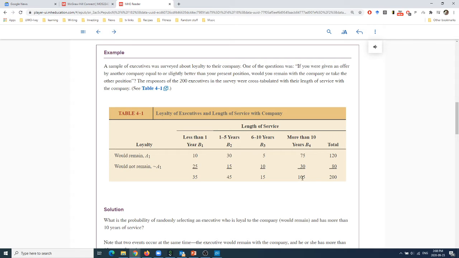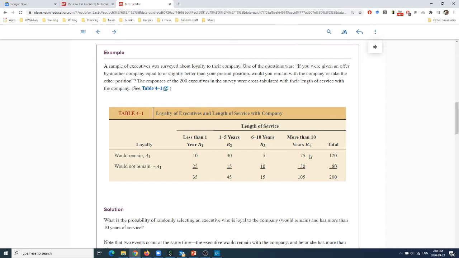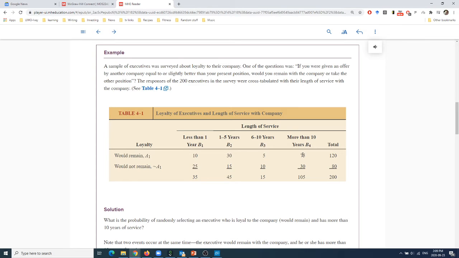That's 105. And within this 105, how many remain and how many do not remain? We're looking at A1 given B4, those who would remain loyal. So this would be 75 divided by 105.